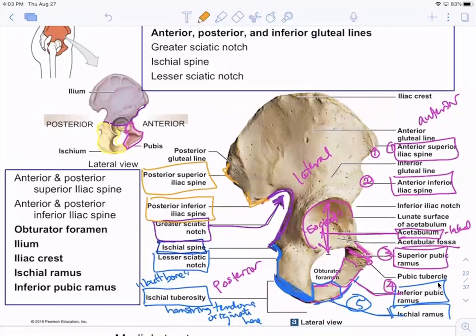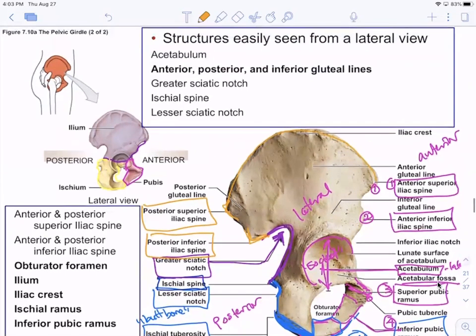And again, the iliac crest is this whole crest that connects the anterior iliac spine to the posterior iliac spine. On some of these models and on real bones, you can see the posterior gluteal line, where you have a gluteus minimus, a gluteus medius, and a gluteus maximus. They all originate in certain different parts, but you can see that.